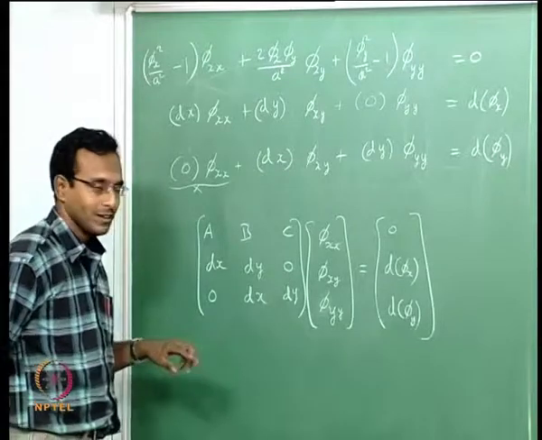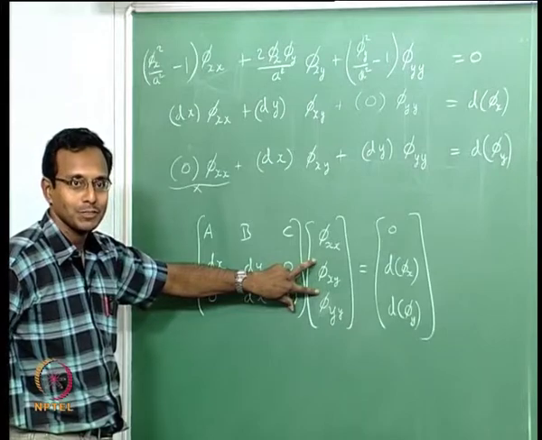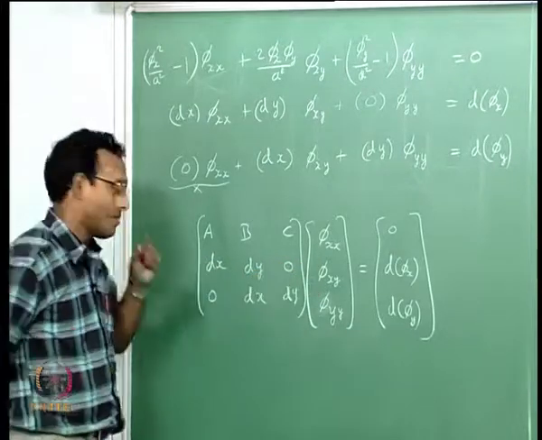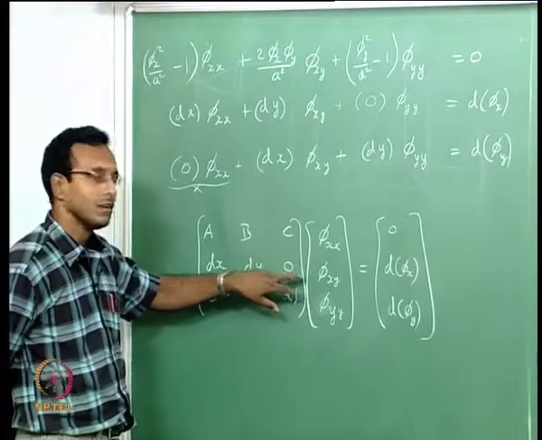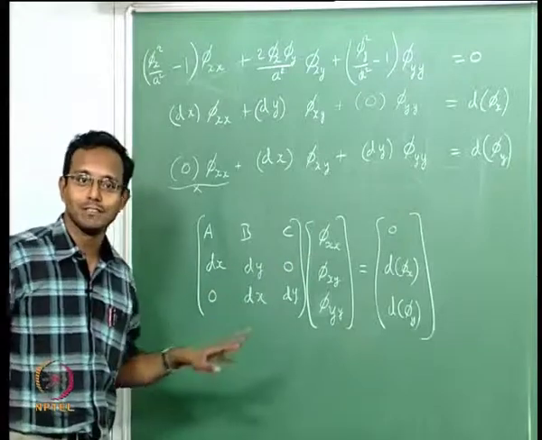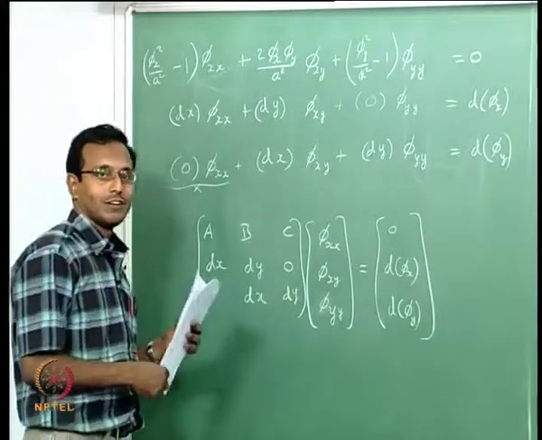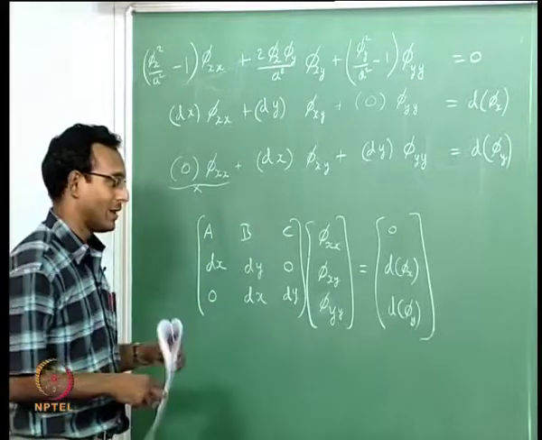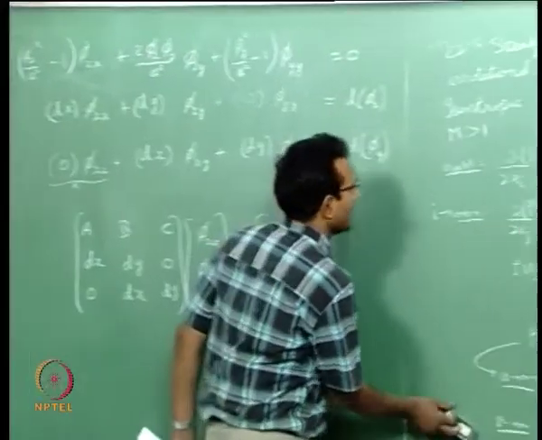That can happen if when I solve for phi xy, my solution becomes indeterminate. That is, it is of the form 0 by 0. It should become of the form 0 by 0. If it happens, then I can say that yes, I am having a situation where I can decouple the expressions. So we'll look for that for now, and then we'll see if it is working.